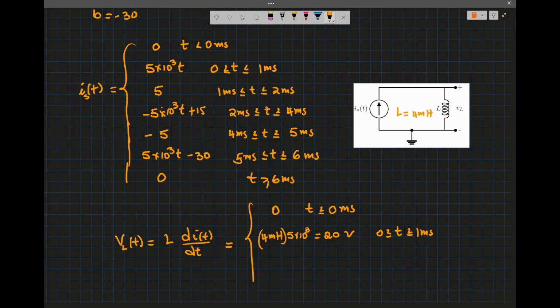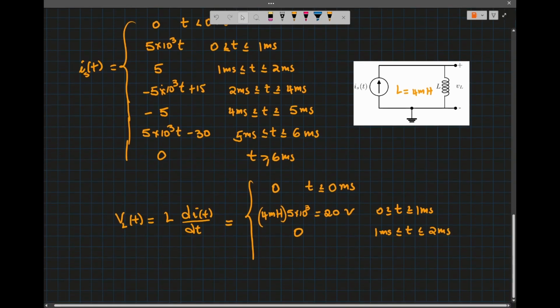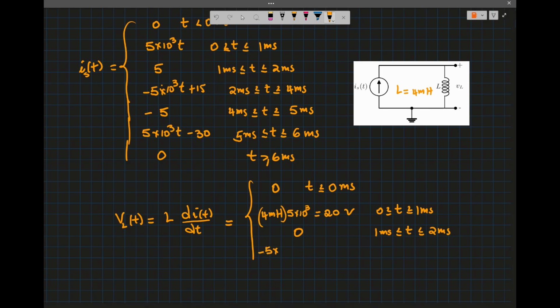So as you can see, we are going to differentiate. When I differentiate 5, I get 0. So it's going to be 0 when t is between 1 millisecond and 2 millisecond, and then it's going to be negative 5 times 10 to the 3 times 4 times 10 to the negative 3.